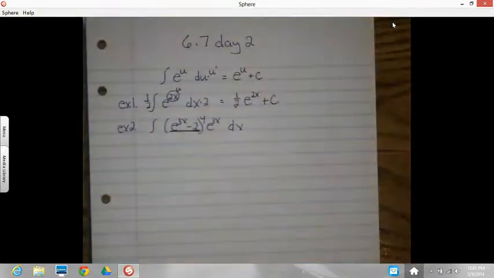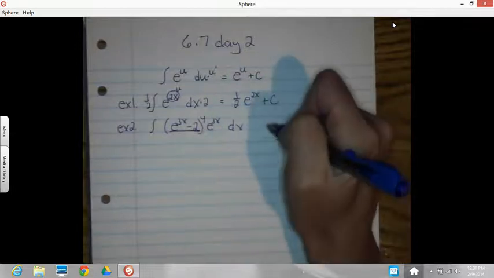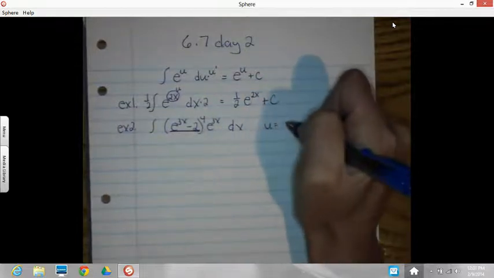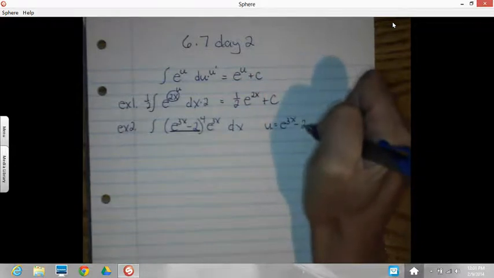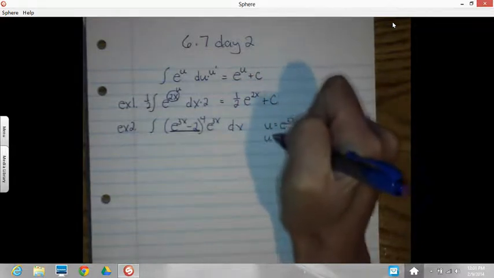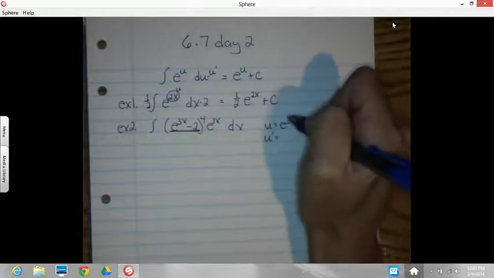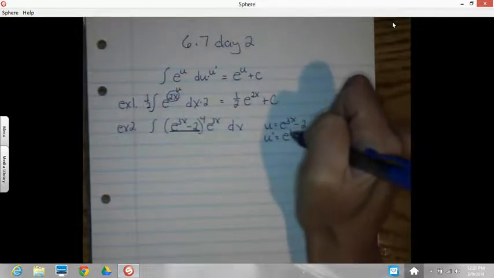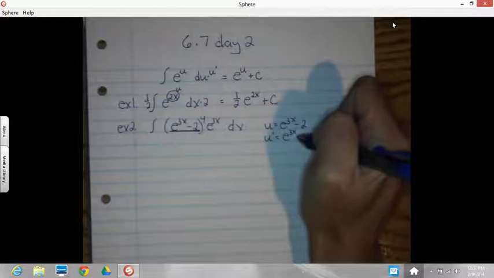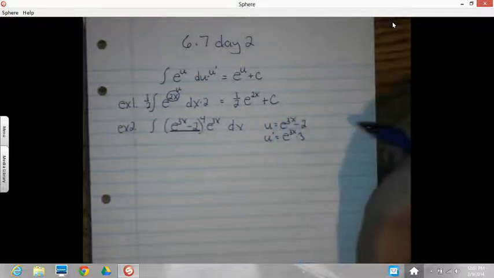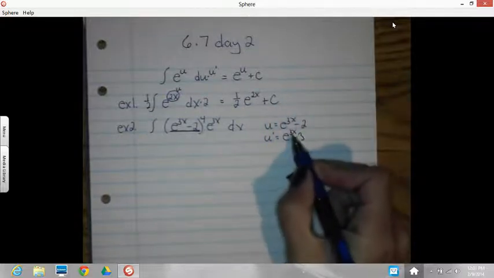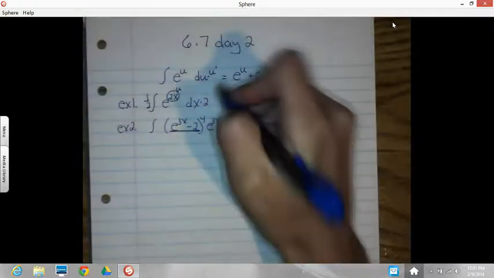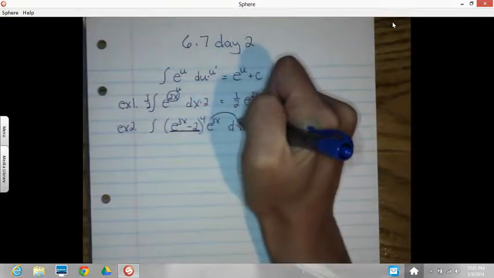Okay, so the inside, and this one's pretty easy to see, but I'll write it out. The inside is e to the 3x minus 2. So the du, or the u prime, is itself times 3, and then that goes to 0. So I need a 3 and an e to the 3x attached to the dx. Well, here's the e to the 3x. I'm going to slide it over.